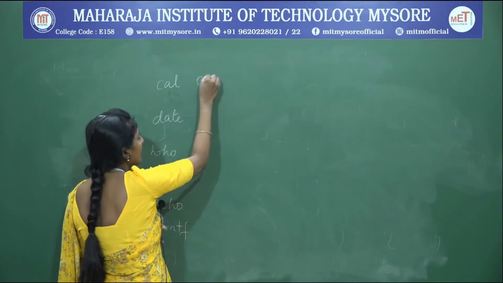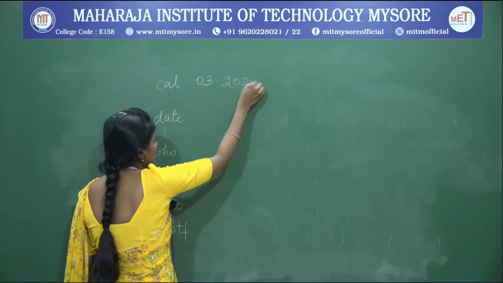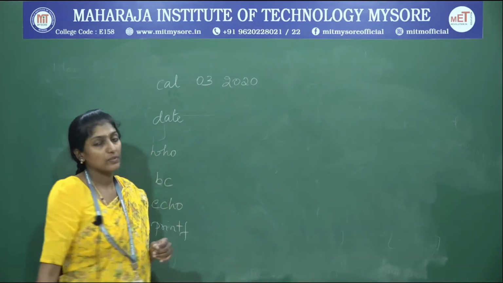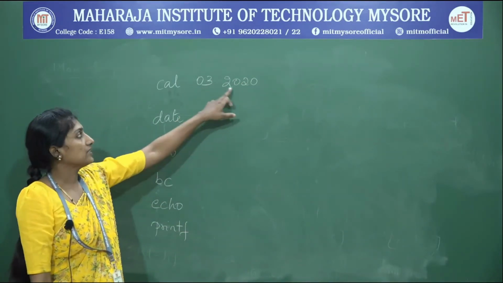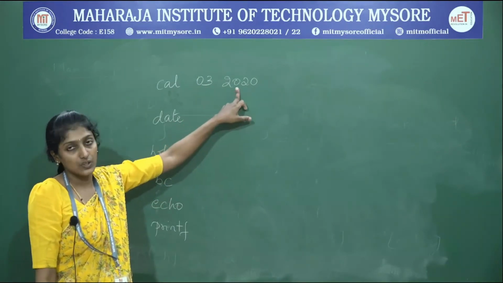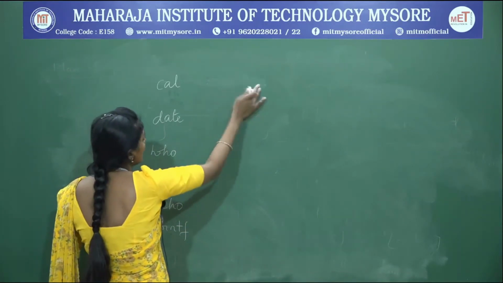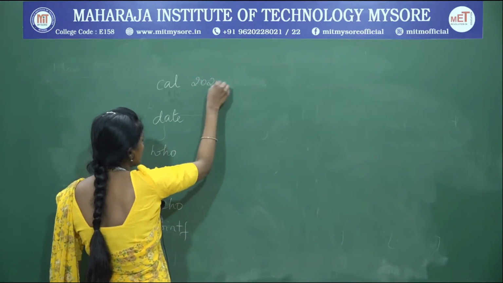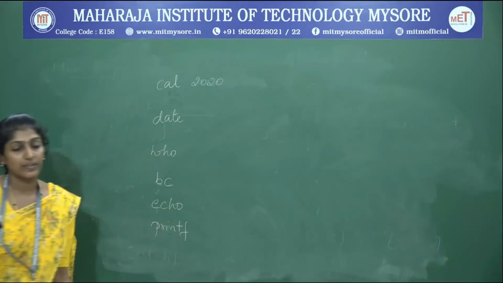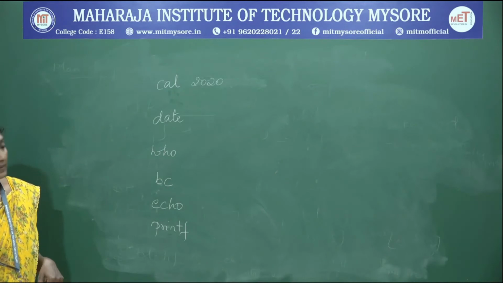Cal, if I provide the month as 03 followed by 2020, this is going to display the complete month of March of the year 2020. Likewise, if I just give 2020 without any month, this is going to provide me the complete year of 2020.